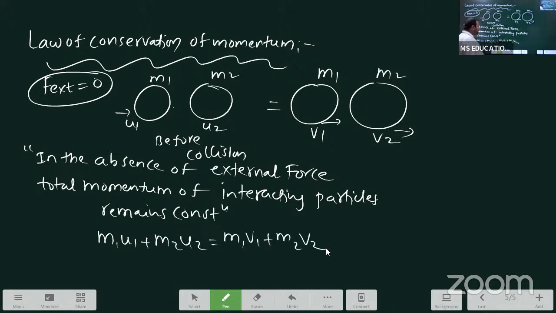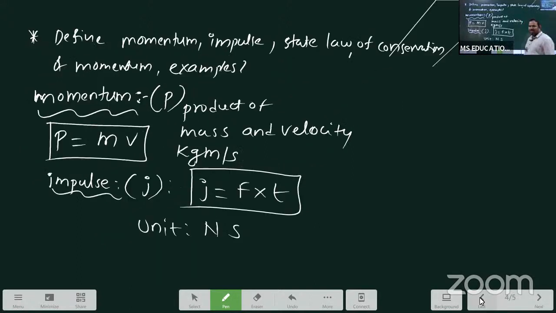Up to now, 3 steps are over, student. One more time, I'm giving the explanation in a short way. Each and every step is one line, one mark. First, momentum: product of mass into velocity. Then impulse: a large amount of force acting on the body in a small interval of time.